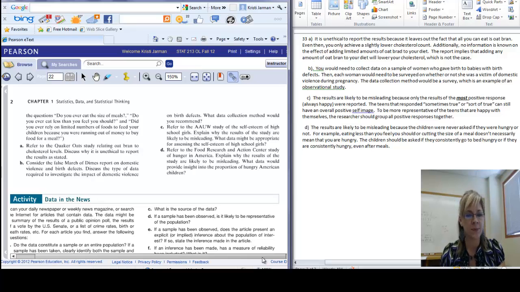Okay, Part C. Refer to the AAUW study of the self-esteem of high school girls. Explain why the results of the study are likely to be misleading. Again, they only considered the most positive response, that they are always happy with the way they are. They didn't consider the other cases of positive responses, that this is sometimes true or that it's sort of true.